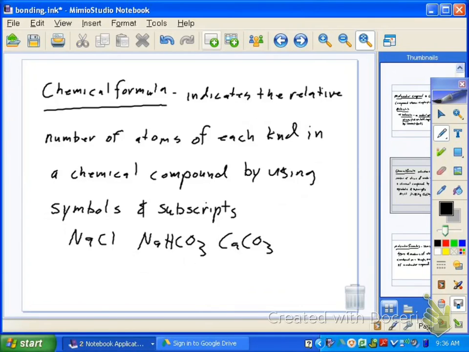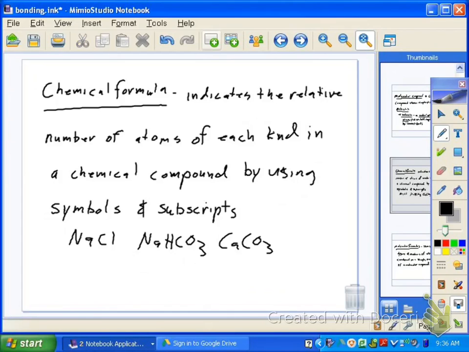CaCO3. That's limestone. What is the 3 again? The 3 tells you how many you have of that element it's directly behind. So we have 3 oxygens, 1 carbon, 1 hydrogen, 1 sodium. Here we have 1 calcium, 1 carbon, 3 oxygens. So whatever the subscript is, it tells you how many of that atom you have. It's just written lowercase.